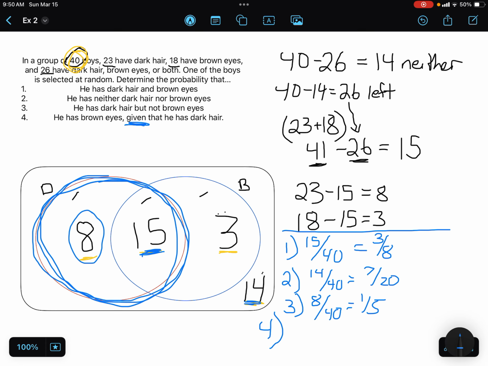So that means our denominator is only going to be the dark-haired folks, which is 23. Now, of those 23, how many of them also have brown eyes? Well, not these guys. It has to be the boths. So our probability there for number 4 is 15 out of 23 because we have reduced our denominator because we've limited our pool. So I hope that's helpful.